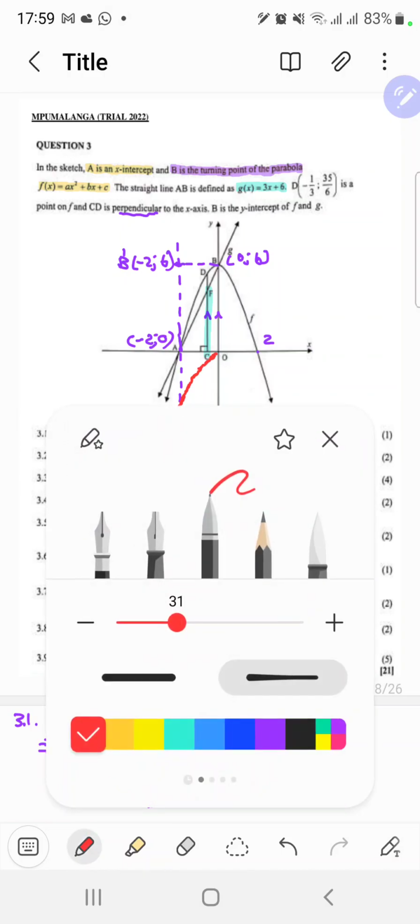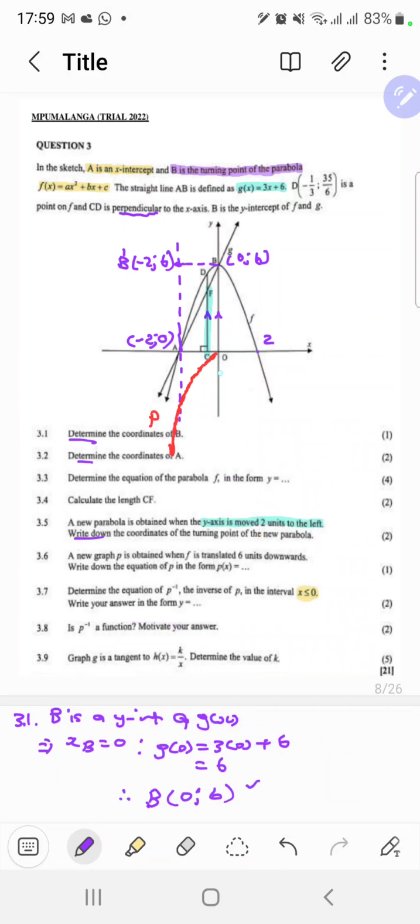And what will be the inverse? Remember the inverse, these graphs are symmetrical about the line y is equal to x. This one is going to be doing something like so. So that would be the inverse, which is that P to the minus 1. That's an inverse. It looks like a crazy story there.